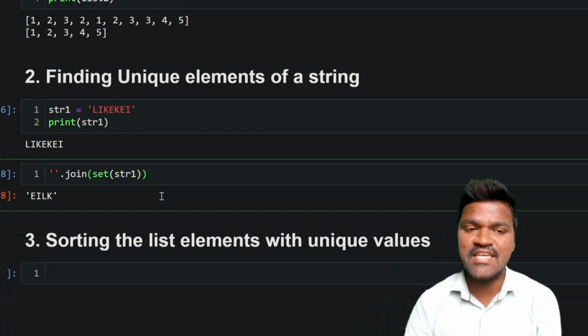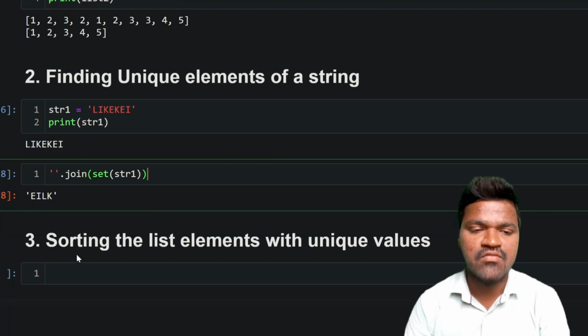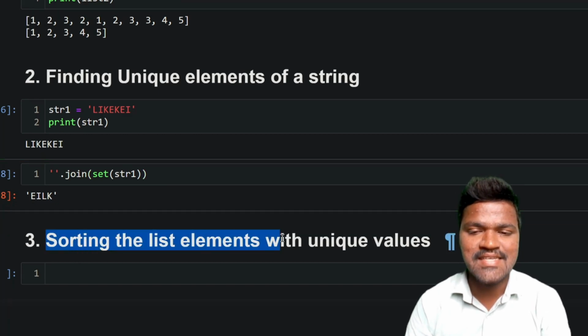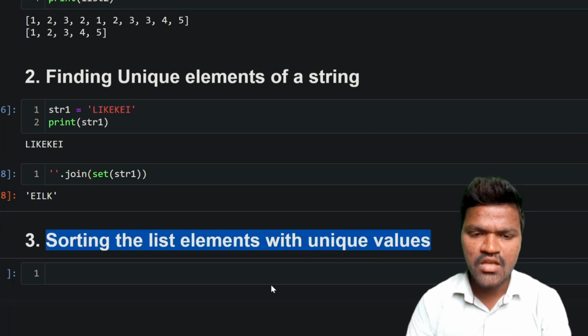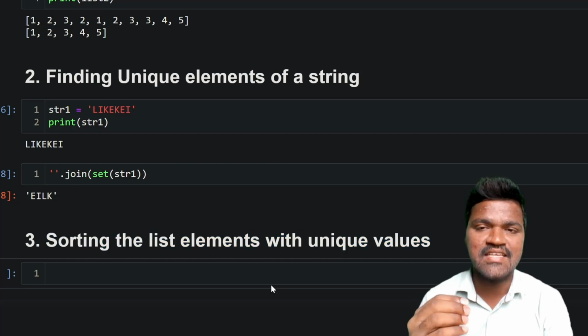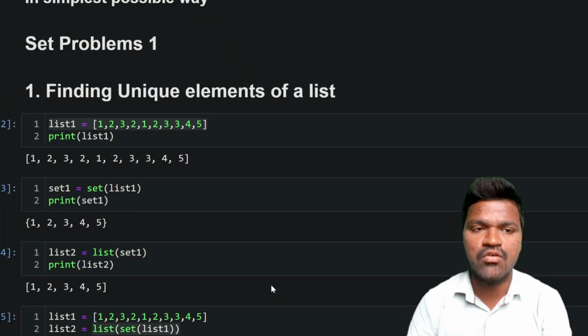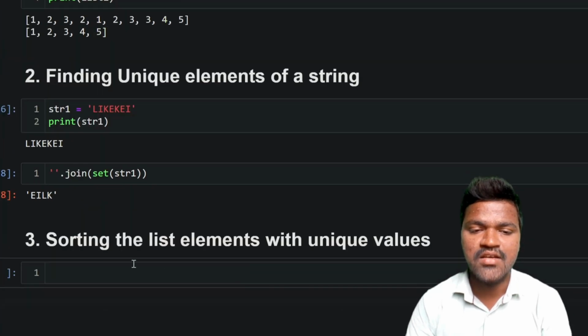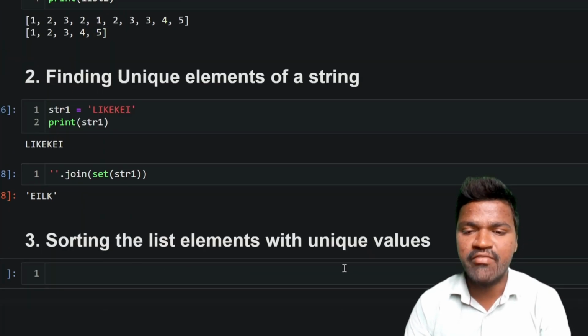So let us go ahead and see one more problem that we have, which is nothing but sorting the list elements with unique values. This is similar to the first example that we had, finding the unique elements, and now sorting the list elements with unique values.